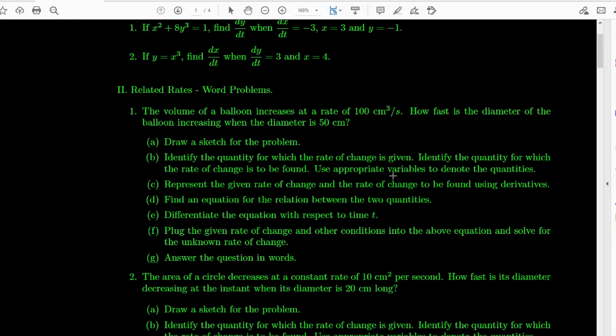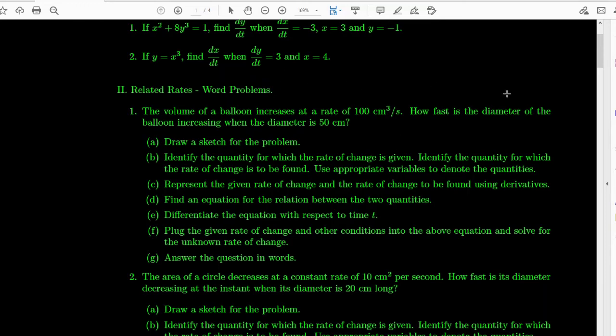You see when the volume is increasing at a constant rate, the diameter of the balloon also increases, right? Now try to follow me, try to understand me. The volume of the balloon increases at a constant rate of 100 cubic centimeters per second. And then the radius is increasing, the diameter is increasing, right?